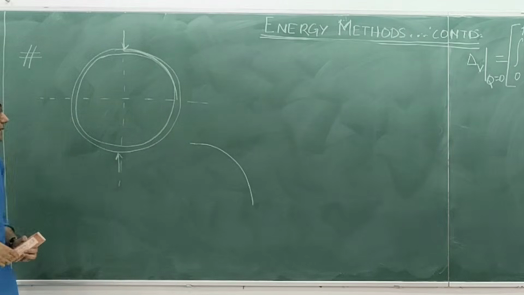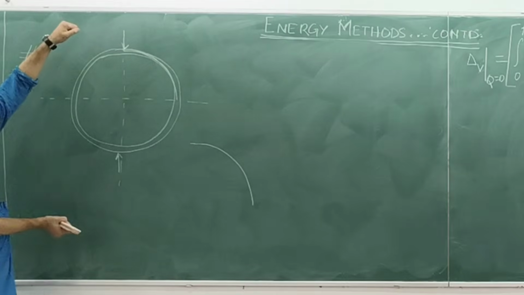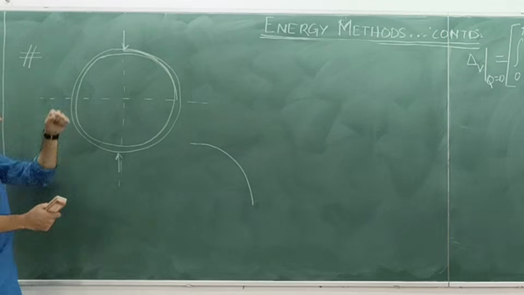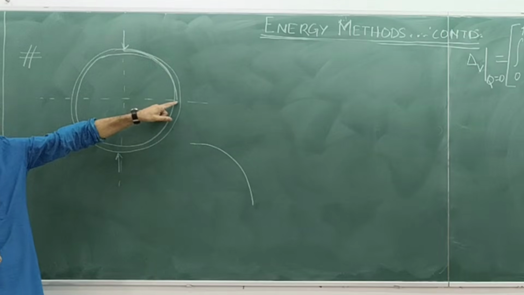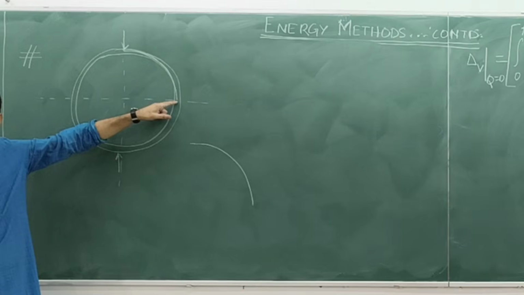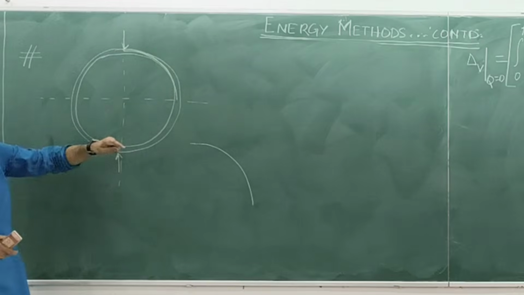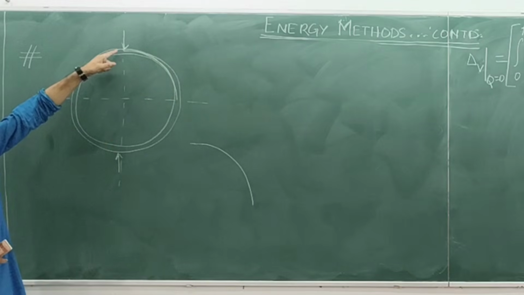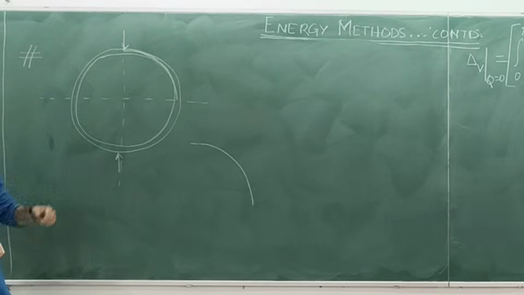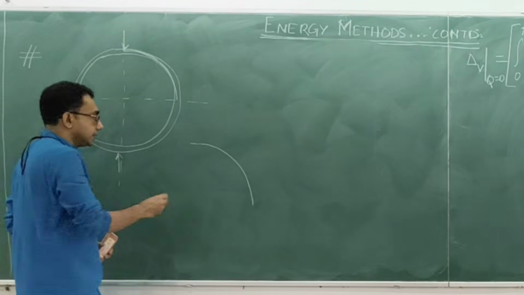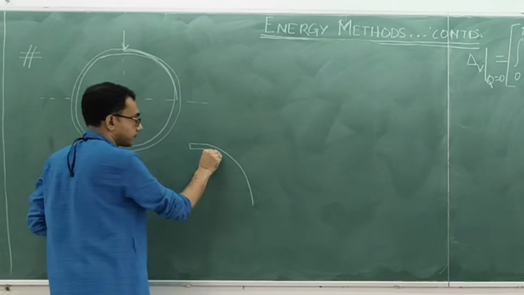So the idea here is that, see, if you squish it down like this, do you think there is going to be any deflection at this in the vertical direction? In the vertical direction there is none. And here, do you think there is going to be any horizontal deflection? No, there is only going to be vertical deflection. So one idea is that you use something like this.